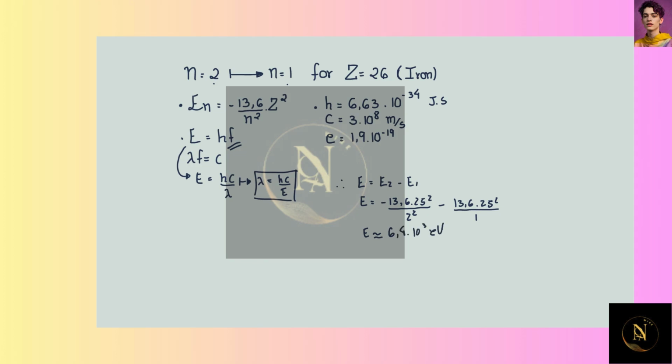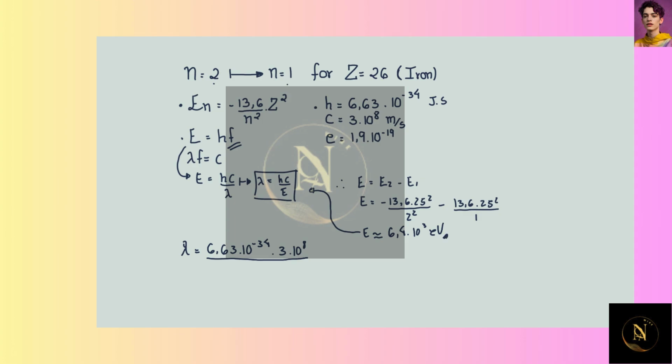Now we have to plug this energy into this equation in order to get lambda equal to h, which is 6.63 times 10 to the minus 34, times c, 3 times 10 to the 8, divided by the energy. But the energy is in electron volts.